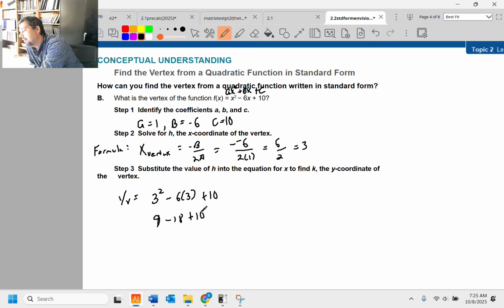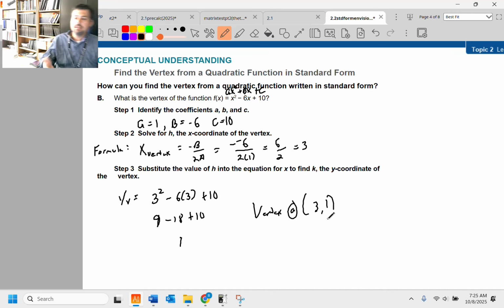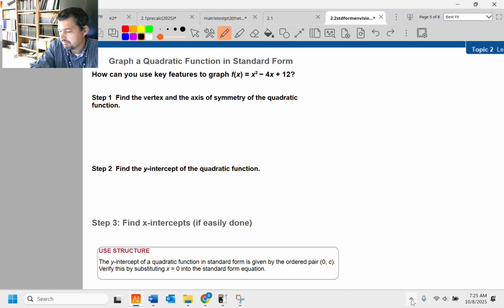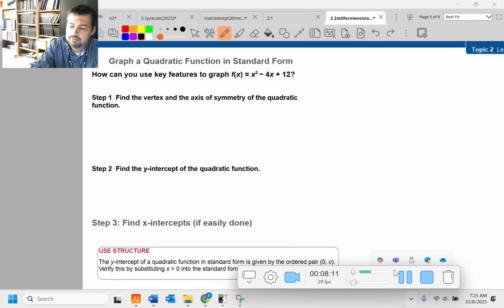We're going to add 10 back. And it's this kind of stuff that hurts kids, and it's not supposed to be. And you get 1. So my vertex is at 3, 1. There you go. Easy peasy lemon squeezy. It really is quite easy. But some of y'all struggle.